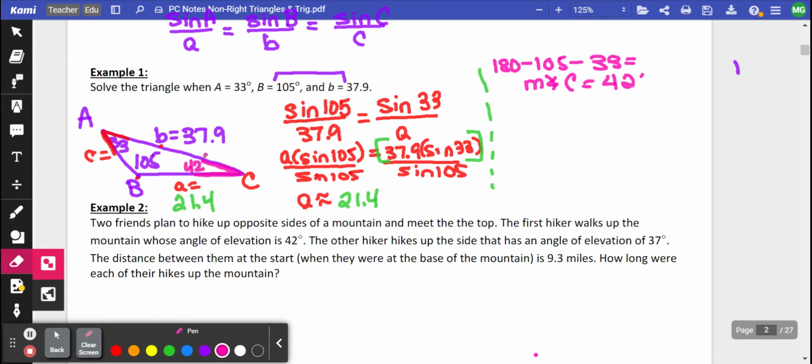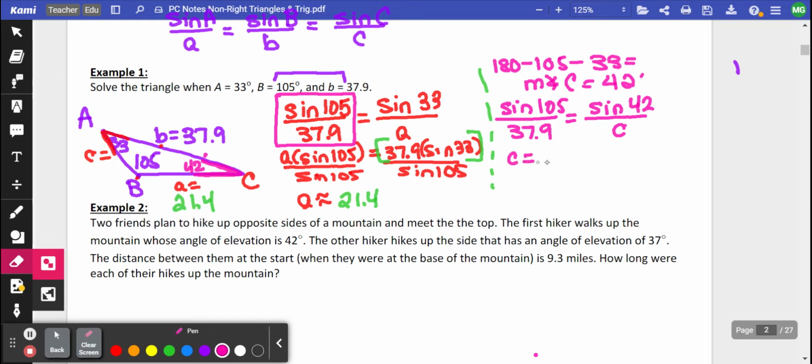Now we're going to use that the same way that we used the 33. I would say go back to the given information. So the sine of 105 is to 37.9 as, and now we have that 42-degree angle, so the sine of 42 is to side C. And then, of course, you're going to cross multiply and solve.